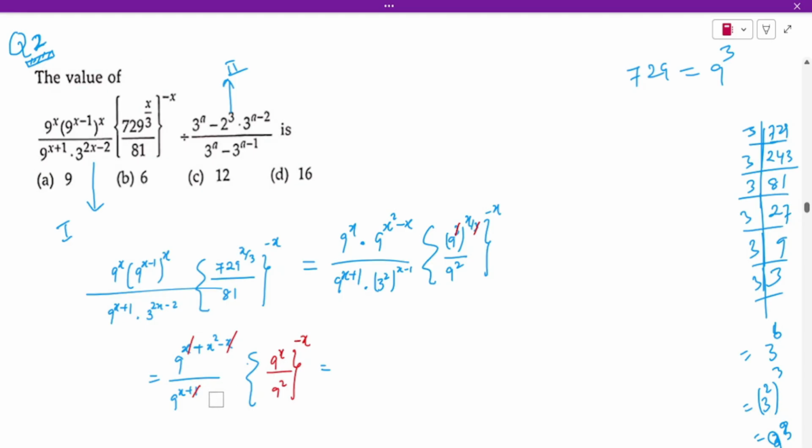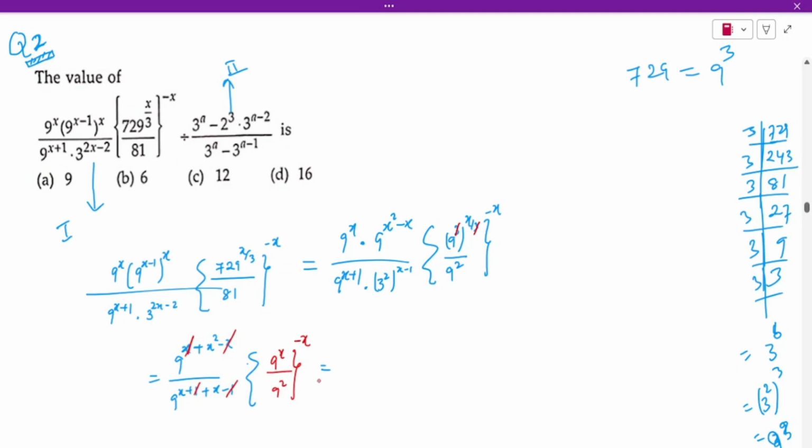So we can write it as 9 to the power x plus 1, and here 9 is in multiplication, 9 to the power of x minus 1, so we can write the common base, and the powers will be added over here. So this is plus x minus 1, so this minus 1 and plus 1 got cancelled, and this plus x and minus x got cancelled.